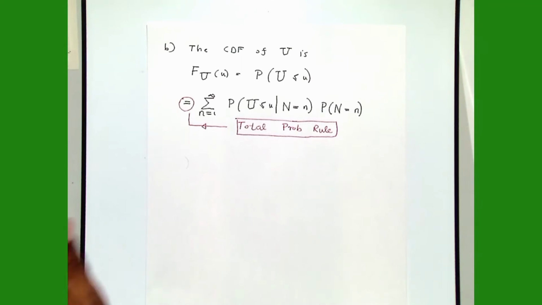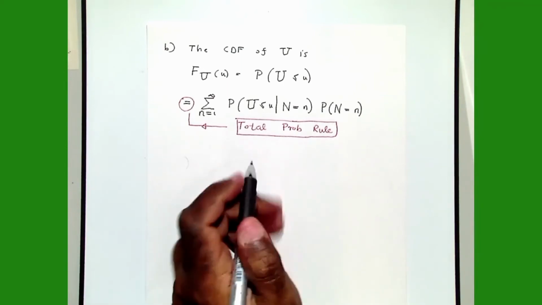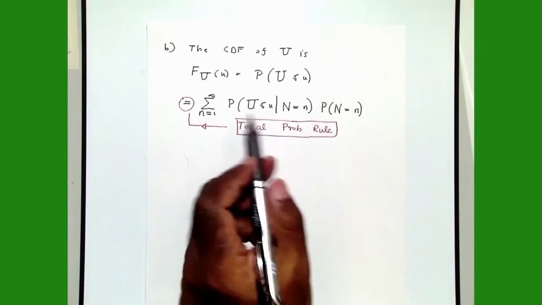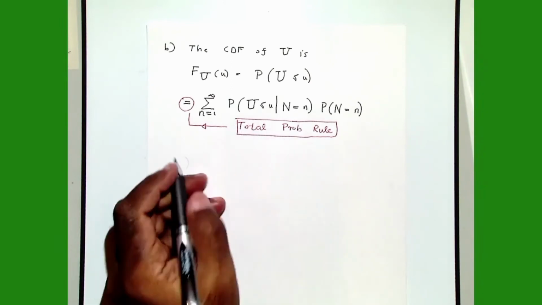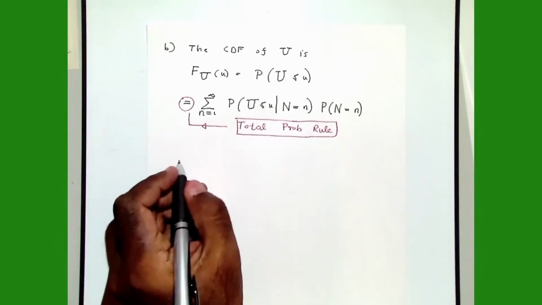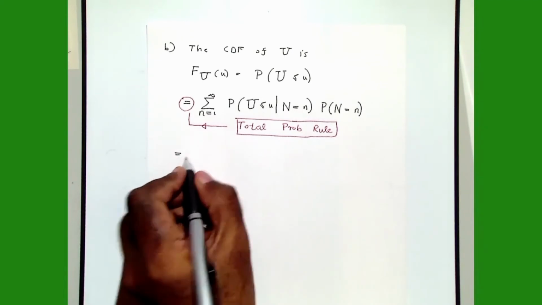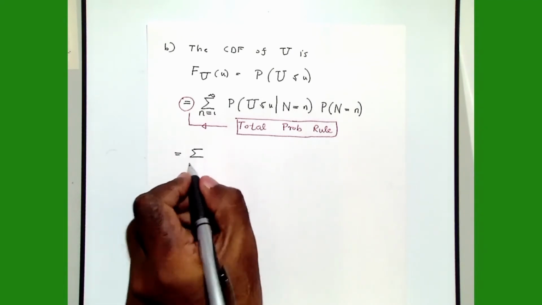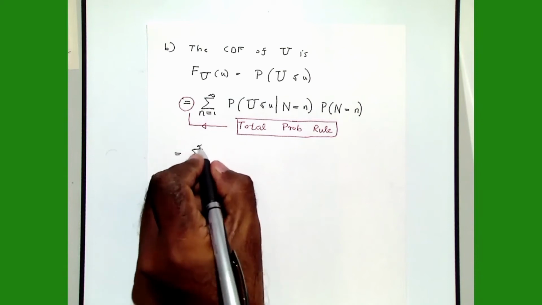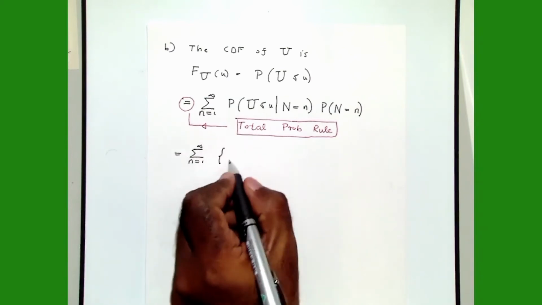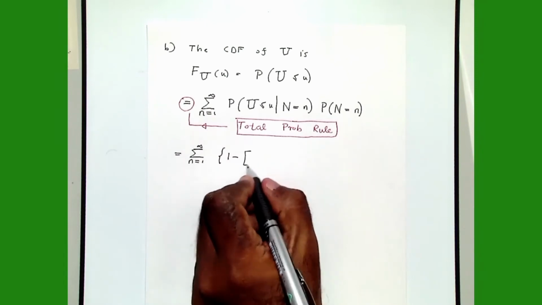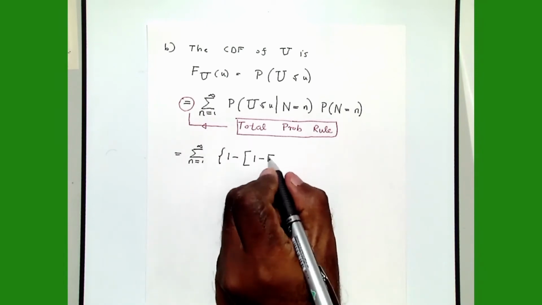Okay. All right, in the next step, I'm going to replace the conditional probability with what we got in case 1. And you probably remember what we got in case 1. So remember, the distribution for U that we got in case 1 was this.